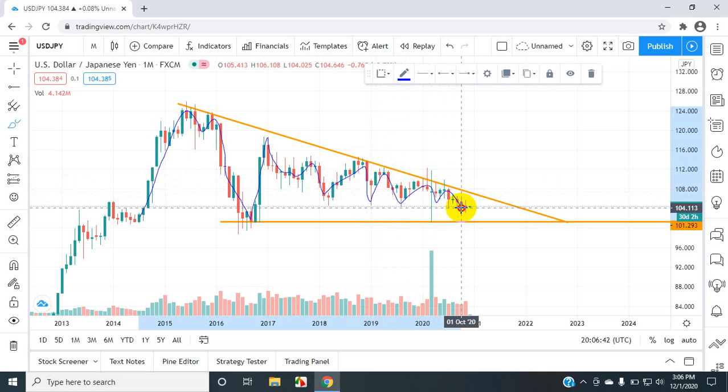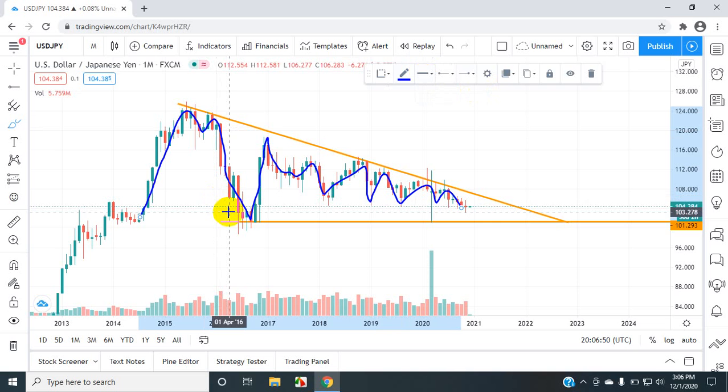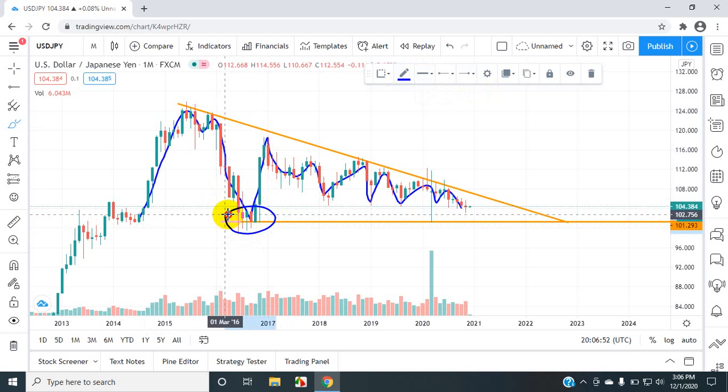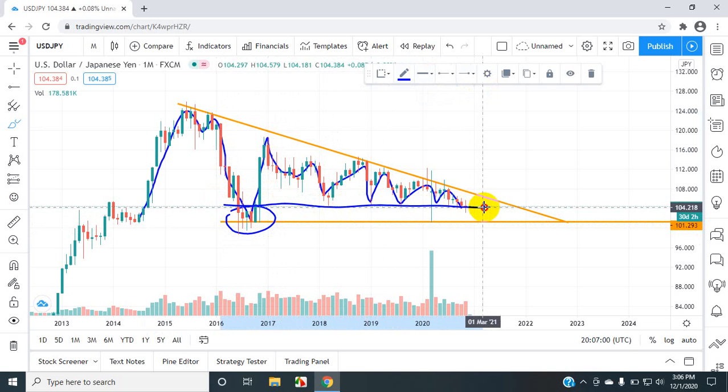So this area here that I just circled, and this line and this support area that's here, where price can't break through, it's strong.